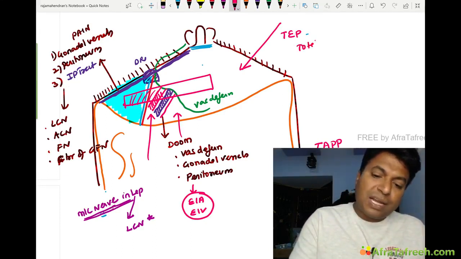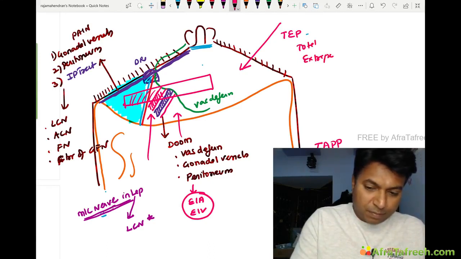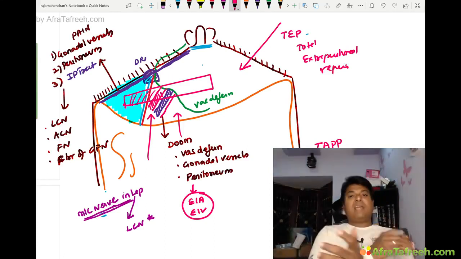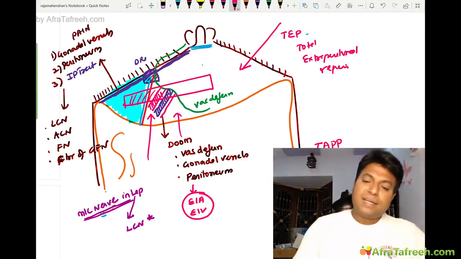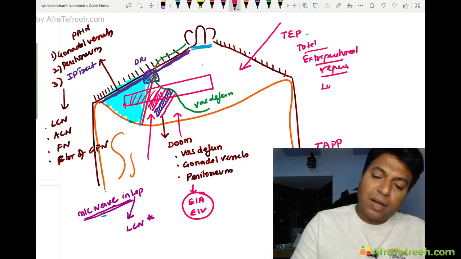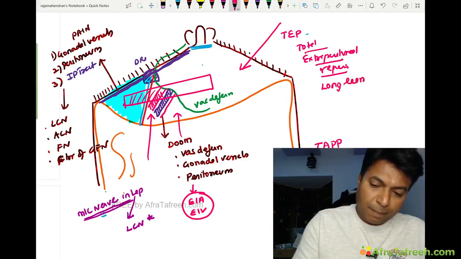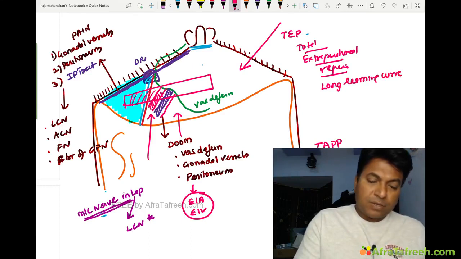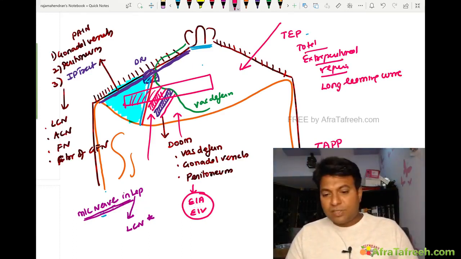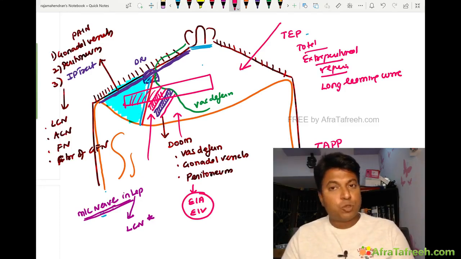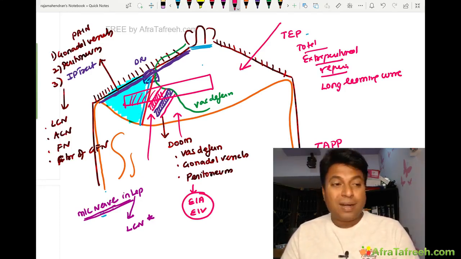TEP is total extraperitoneal repair. Which is difficult for the surgeon, having a long learning curve? TEP has a long learning curve. To learn TEP is very difficult. TAP is easy to do. As surgeons we are very much oriented with the lap, so we will do TAP easily. TEP will have a long learning curve.